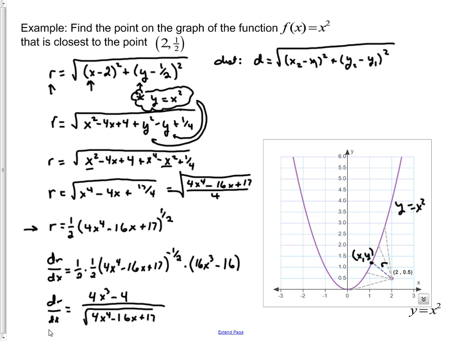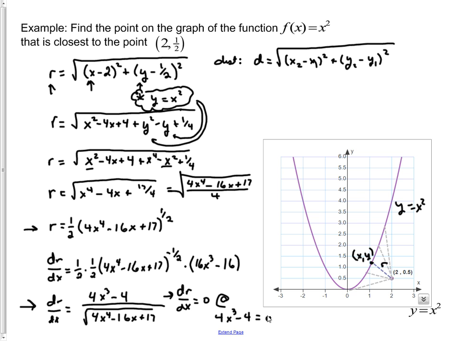Dr/dx is either going to be undefined or equal to 0 where our minimum is. In this case, we're looking for where it's equal to 0. So our derivative, dr/dx, will equal 0 at the point where the numerator, in this case 4 times x cubed minus 4, is equal to 0.